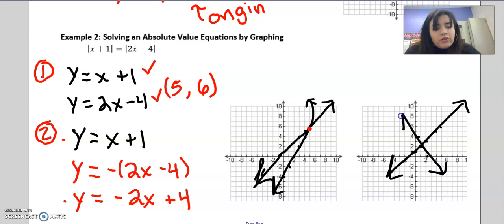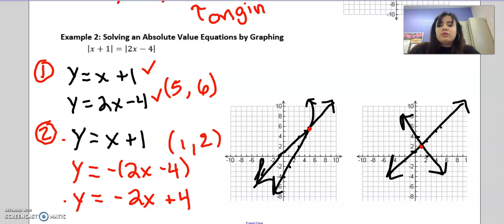We already have an intersection. So let's go right here. That is 1, 2. So just to check, we're going to plug those in. 1 plus 1 equals 2. We're good.